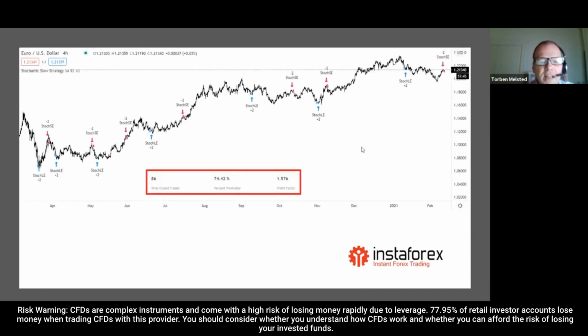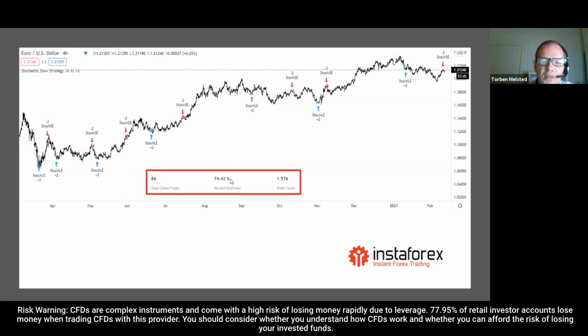Okay, and finally I found a system that was built into the stochastic slow, and you can do it this way too. This is when the stochastics cross like in a moving average, and you can see in this case, going back, there were 86 trades.